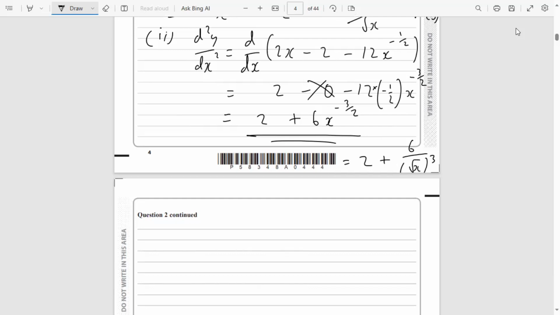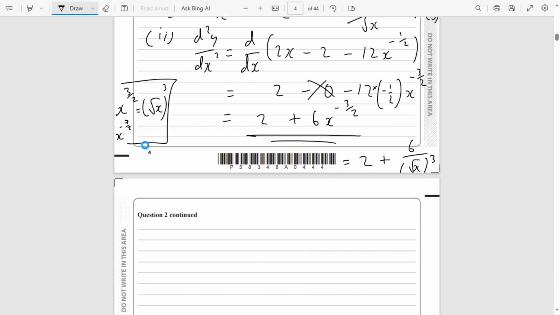Remember, if you've got a number x to the power of 3 over 2, that's the same as the square root of that number to the power of 3. Now, if we put the negative in the power, minus 3 over 2, remember that a negative number in your power just reciprocates your variable.